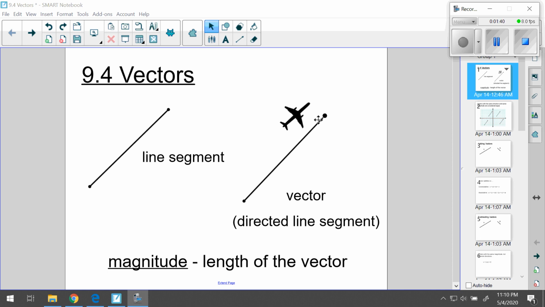The direction of the vector would tell us which direction the aircraft is traveling, and the magnitude tells us how fast it's traveling. You might think that it has to do with how far it's traveled, but as we'll see eventually, it would indicate the speed or velocity of the aircraft.